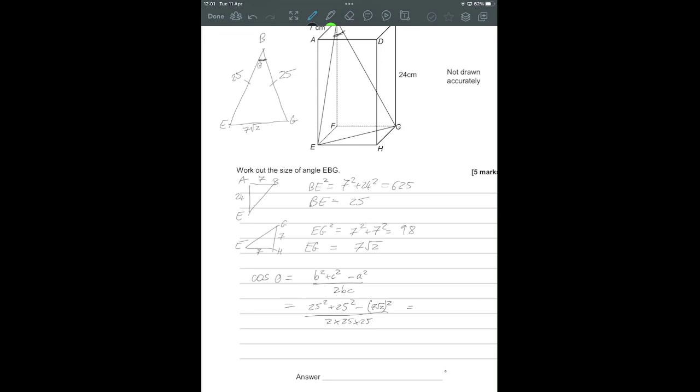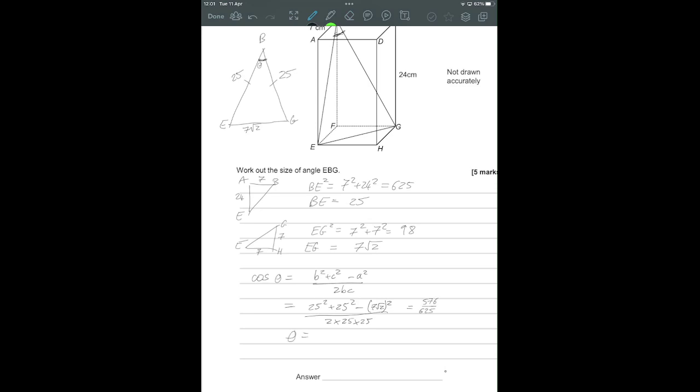Typing that into our calculator carefully. Oh, that's why I got a number bigger than 1 in my calculator, which we know we can't cos inverse. I just put a sign wrong in a position. This comes out as 576 over 625.